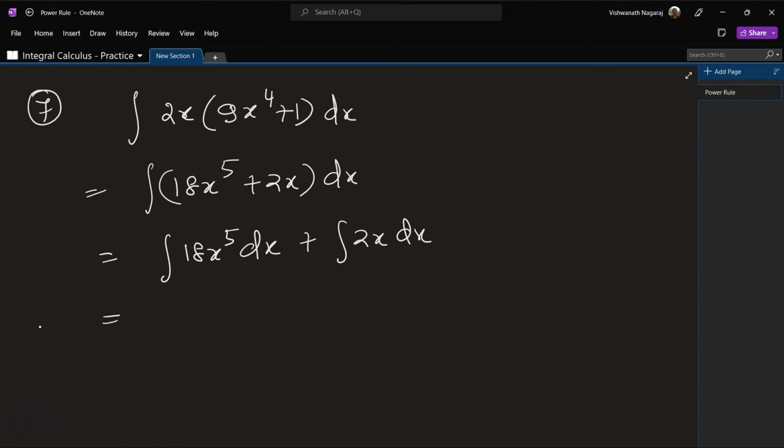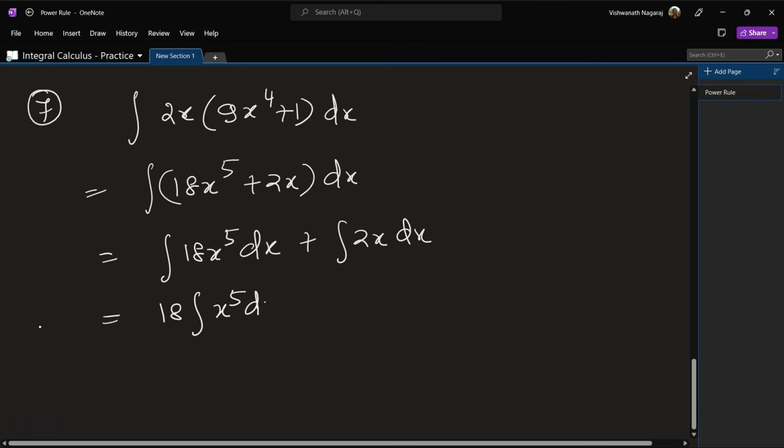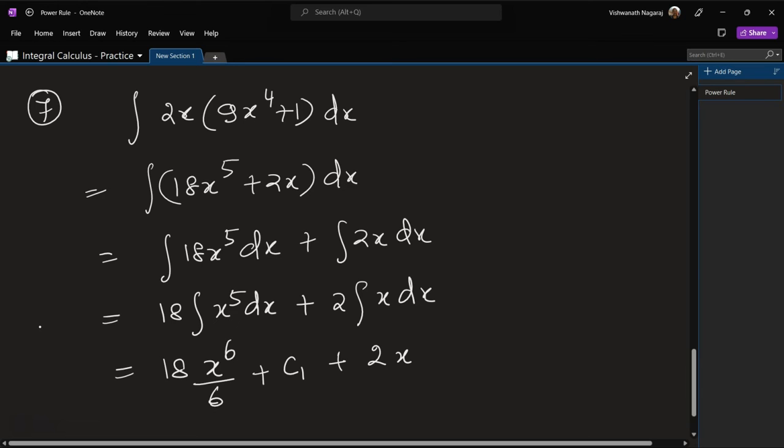If you want to write it step by step, you can write it like this. 18 times integral of x to the power of 5 dx plus 2 times integral of x dx, which is equal to 18x to the power of 6 by 6 plus c1, a constant of integration for this, plus 2x square by 2 plus c2.